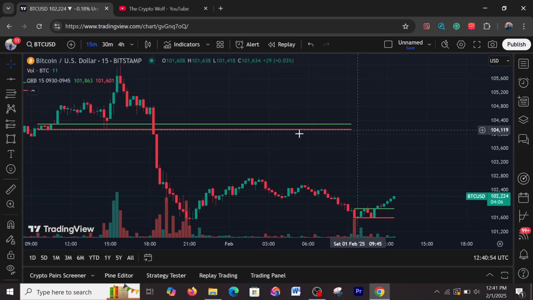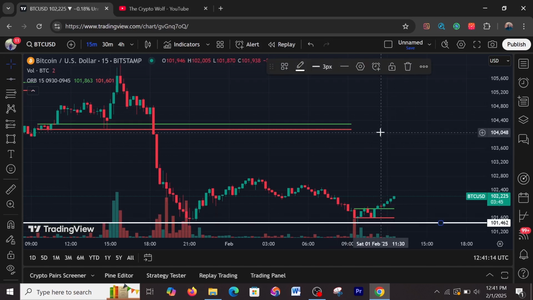So we can expect an upside movement up to this point of 104155. This would act as a resistance area. And if you look at it, this is already giving us a double bottom vibe. We could see there is likely going to be a move to the upside.